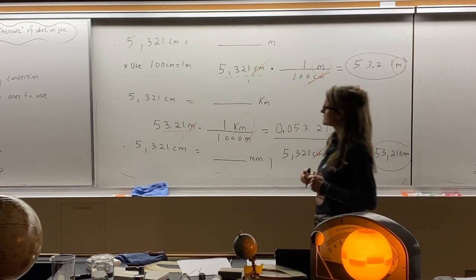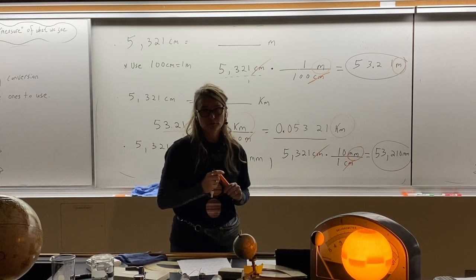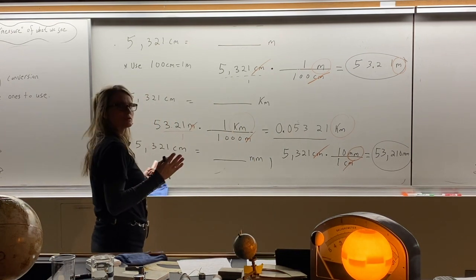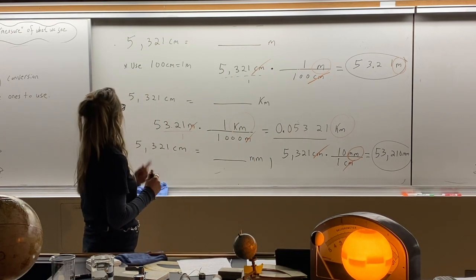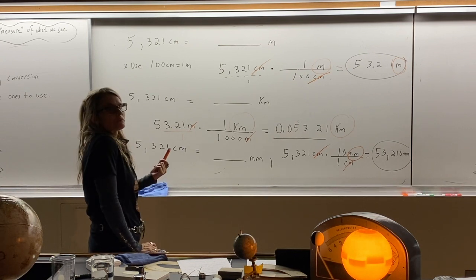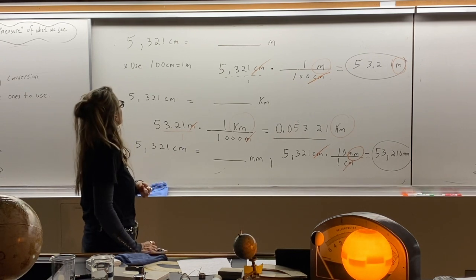And then the big thing is, when you're using metric prefixes, which is the most appropriate one to use for this measure? What's the most appropriate measure for 5,321 centimeters?